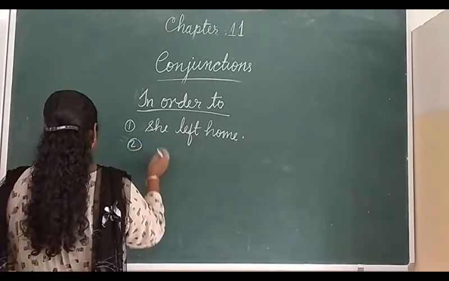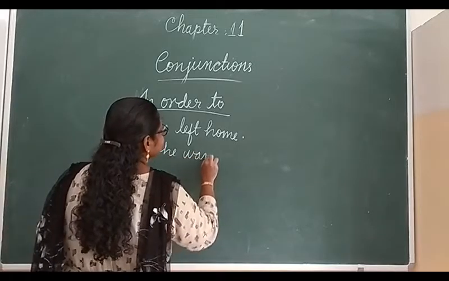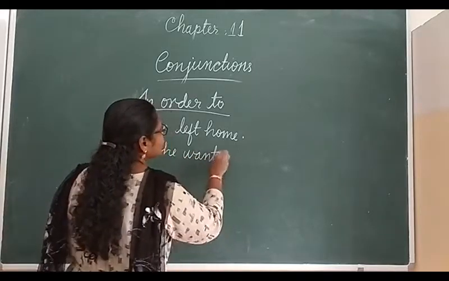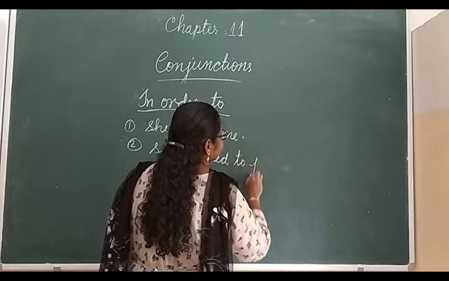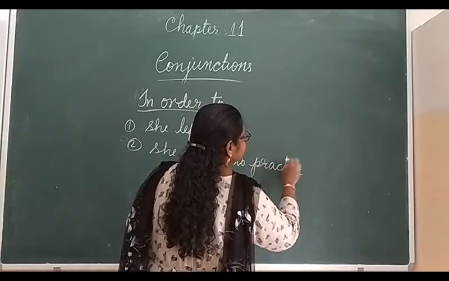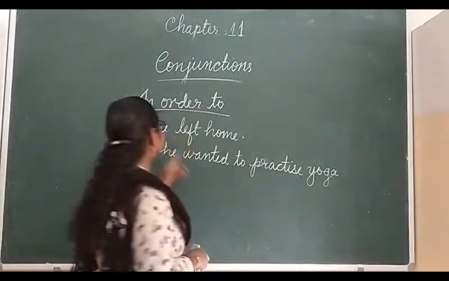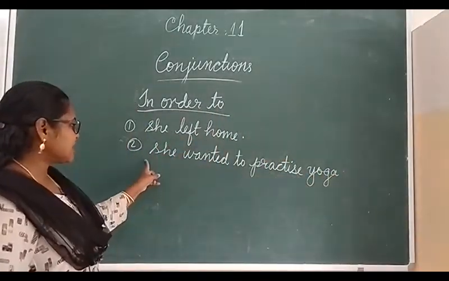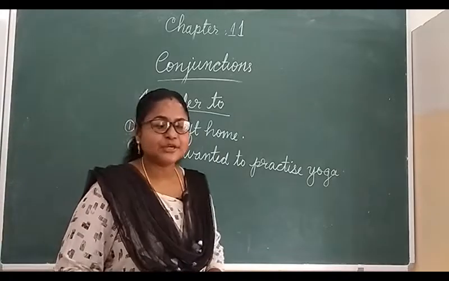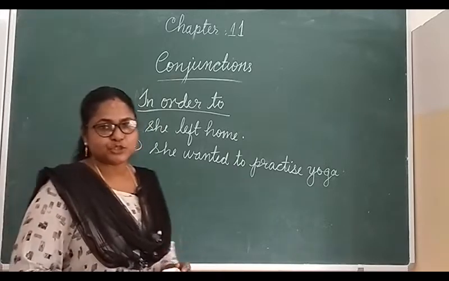Second one: She wanted to practice yoga. She left home. Second sentence, she wanted to practice yoga. We have to combine these two sentences using "in order to."